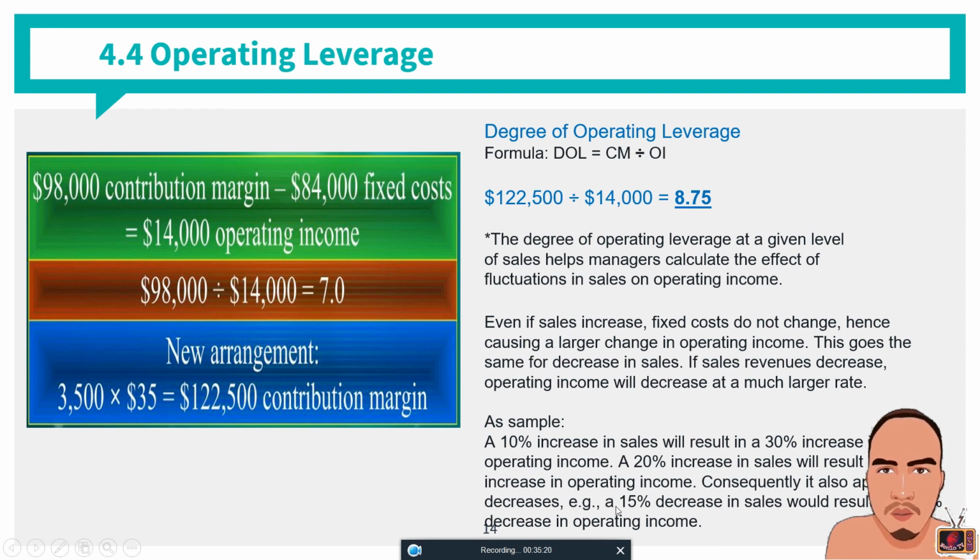If you have a 15% decrease in your sales, it would also result in a 45% decrease in operating income. So you will have a realization as a manager of what will be the effect of a certain percent of increase and decrease in sales, and it will be dictated by the degree of operating leverage.